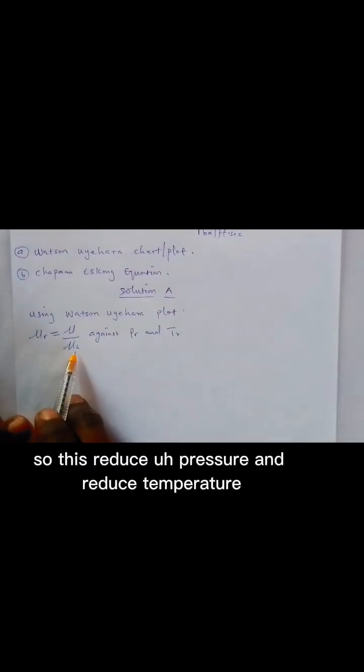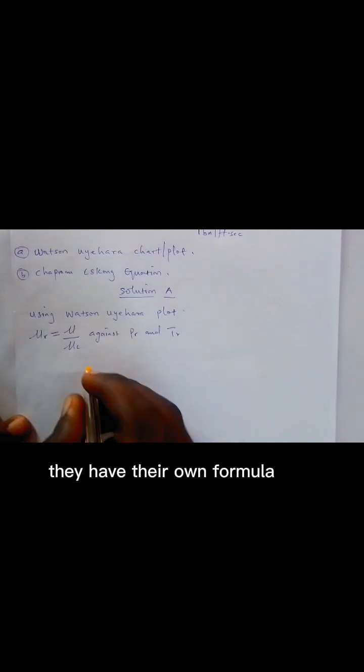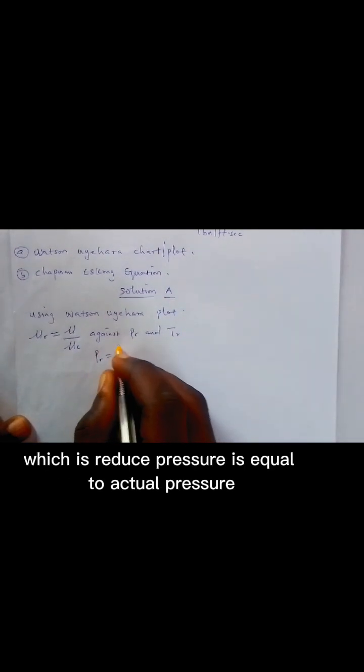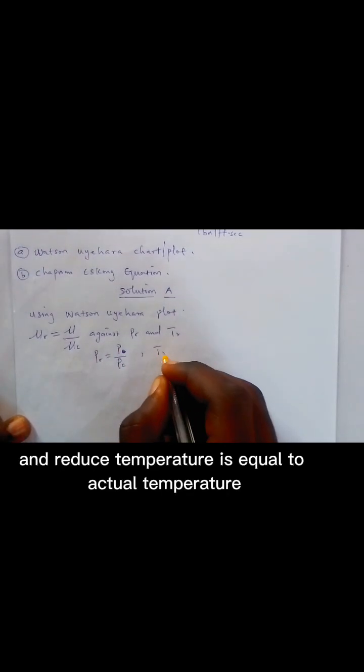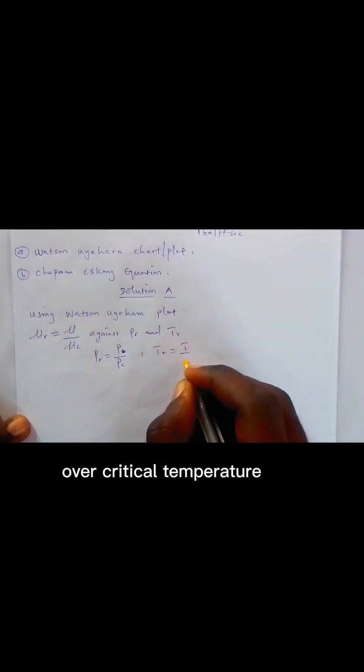So this reduced pressure and reduced temperature have their own formulas: reduced pressure is equal to actual pressure over critical pressure, and reduced temperature is equal to actual temperature over critical temperature. And the critical viscosity has its own formula: critical viscosity equals 7.70 times M raised to the power of 1 over 2, Pc raised to the power of 2 over 3, and Tc raised to the power of minus 1 over 6.